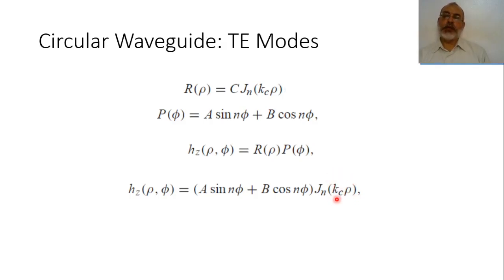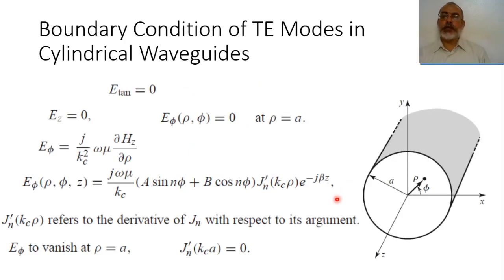To obtain the value of Kc, we are going to apply the boundary condition. The boundary condition in the present case is that the tangential electric field at the perfect electric conductor, the outer surface of the waveguide, should be 0.